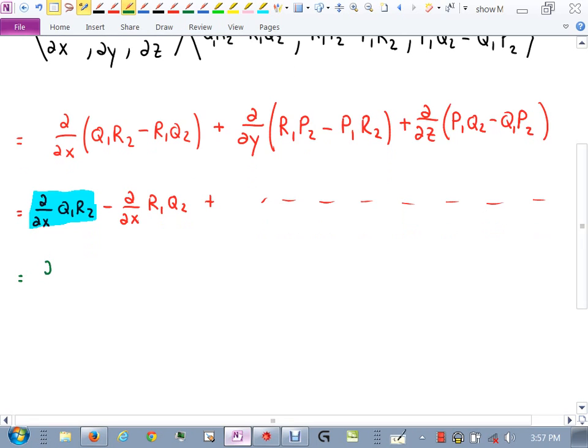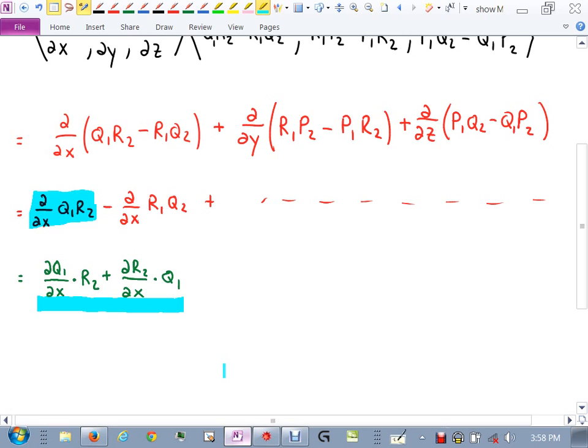It's the partial of Q1 with respect to x times R2 plus the partial of R2 with respect to x times Q1. That is the blue part. That's that one derivative, right? Product rule: derivative of this one times this plus derivative of this times this.